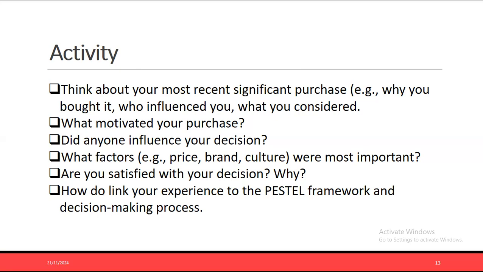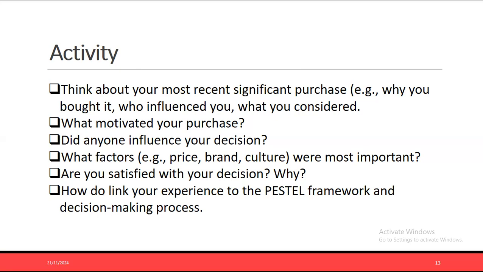All right. And then you tell us what motivated your purchase. All right. And then the factors you considered before you made the purchase. You will tell us if you were satisfied or not with the purchase, why you were satisfied or why you were not satisfied with the purchase. Okay. And you also tell us how you will link your experience to the PESTEL framework and decision-making process.